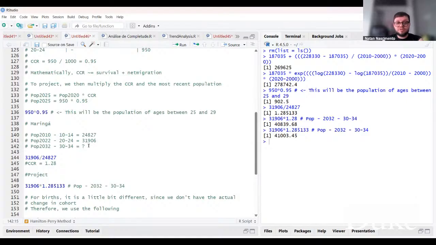Why do we use these intervals? Because it's what we are creating here as the CCR. If we want to project annually, year by year, we need to create a yearly CCR, which is a little bit different, because then we need to project based on the dividing modulo of CCR for each year.